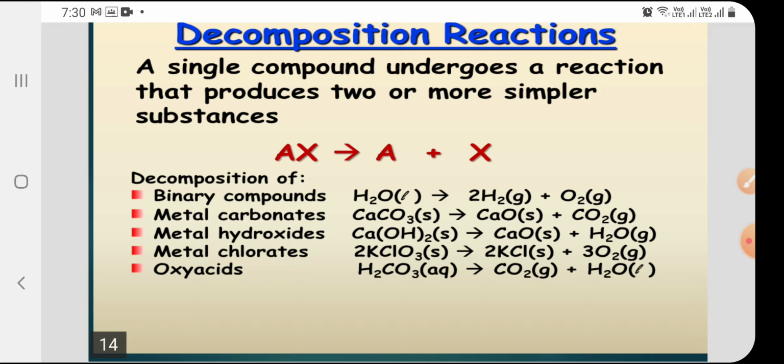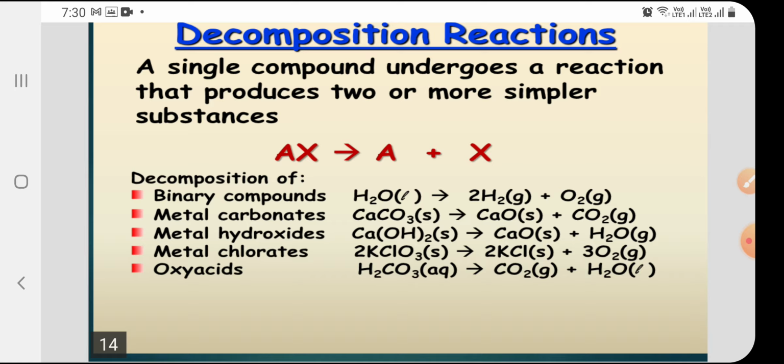The decomposition reaction in which we use heat or temperature, we say is thermal decomposition reaction. In that reaction in which we use sunlight, we call it a photolytic decomposition reaction. And the reaction in which we use electric current, we call an electrolytic decomposition reaction.